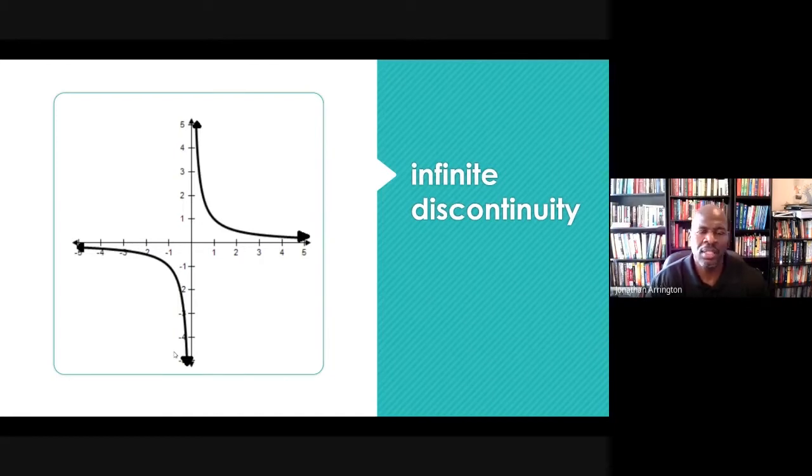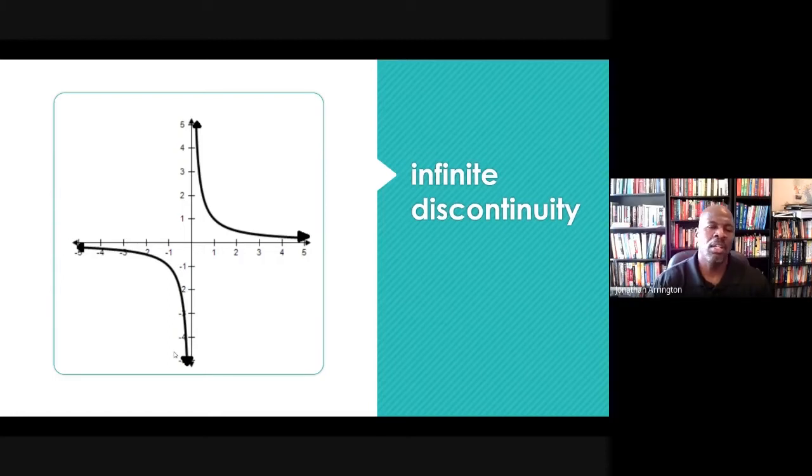Again, we have 3 discontinuities. A removable: when I see a removable, I should just see a little open circle on the graph. It could be an open circle with maybe a closed circle somewhere else on that same point, or it could just be an open circle without a closed circle on a point. Also, we should be able to recognize a jump discontinuity, where the whole graph will jump from one value to another value at a particular x value.